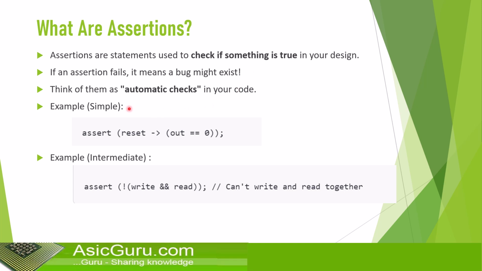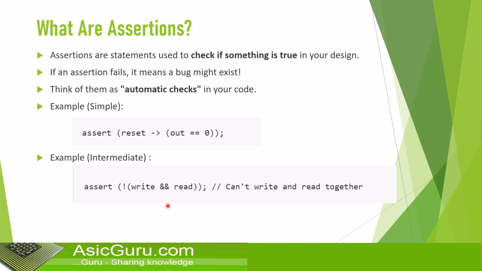There are a few examples to understand how assertions can be written. The first one is a simple example. Here we have mentioned that if reset is asserted, then output must be 0. This check will ensure that your design reacts properly to a reset condition.